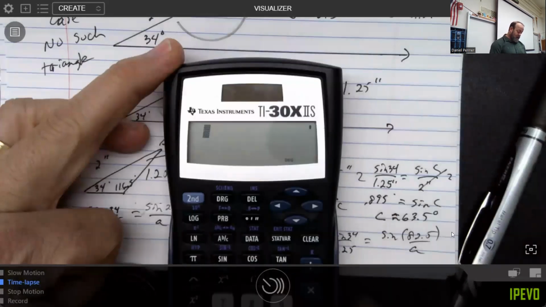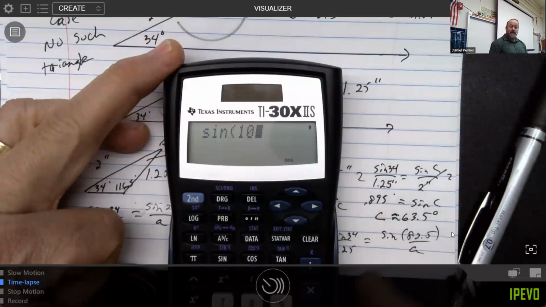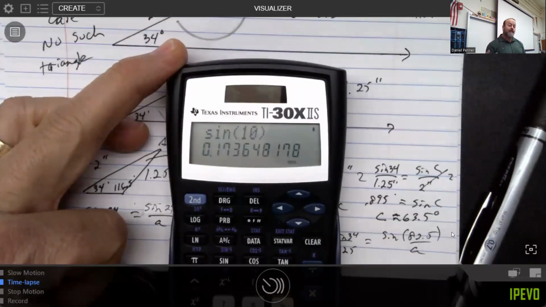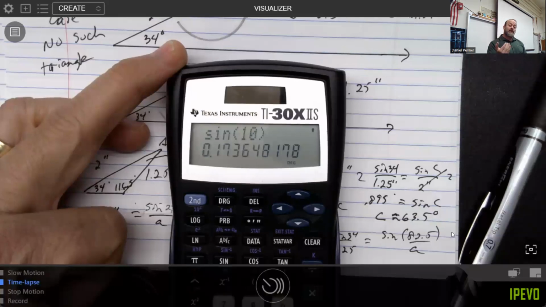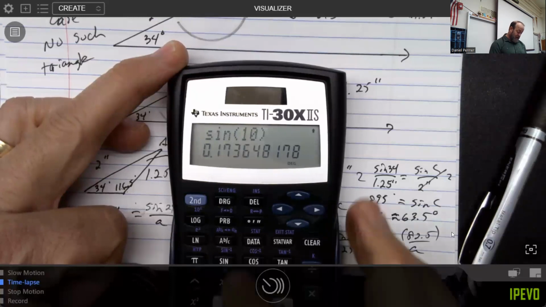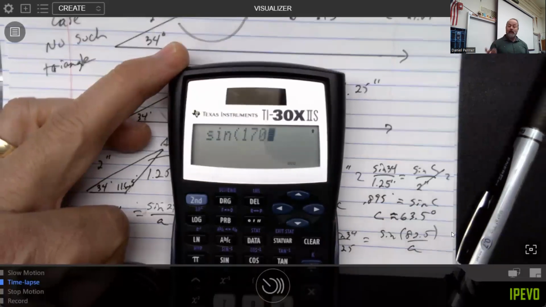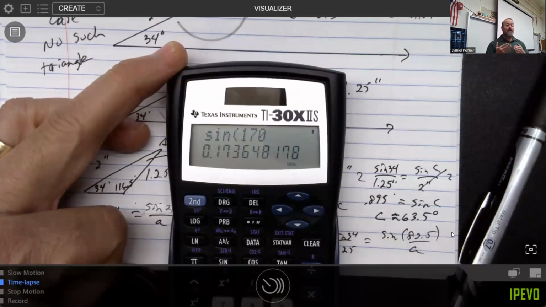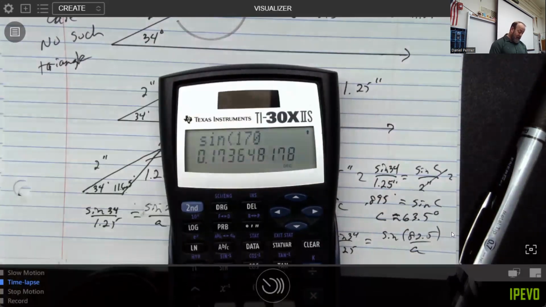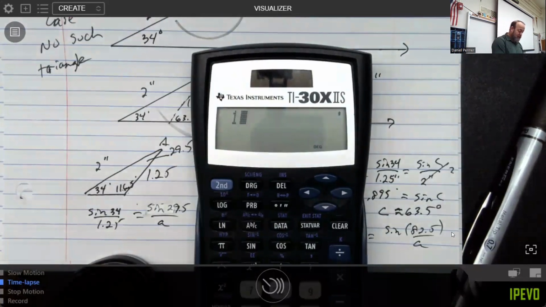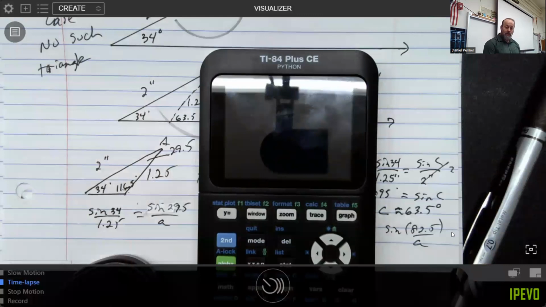But as it turns out, mathematically, the sine of 10 is this little decimal point 17. The angle that is supplementary to 10 is 170 degrees. And so if we try to take the sine of 170 degrees, we're going to get exactly that same thing. So as it turns out, no matter what, if you take any angle, in fact, I'm going to use this calculator because it has a bigger screen, so it'll show you what I'm doing.